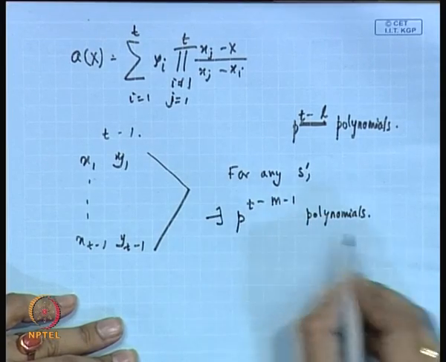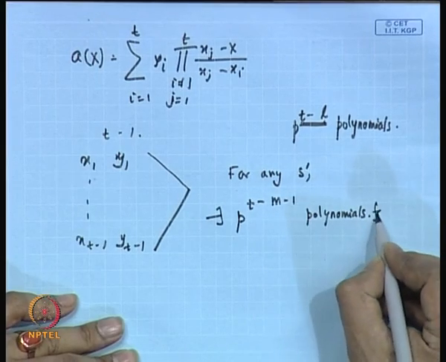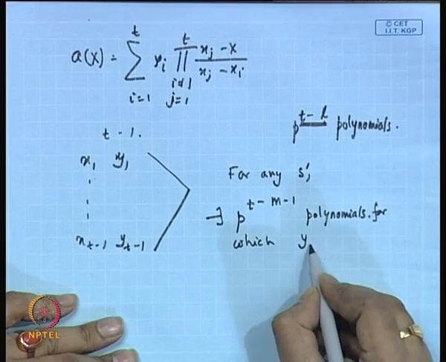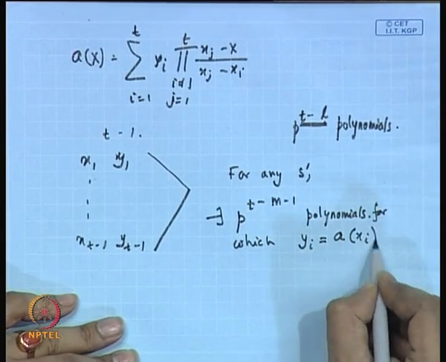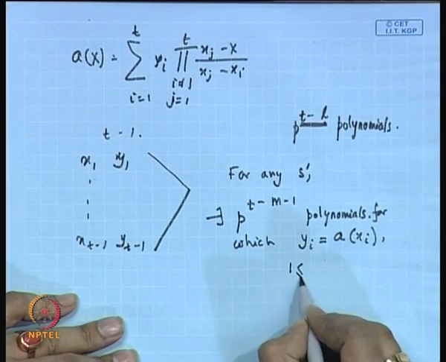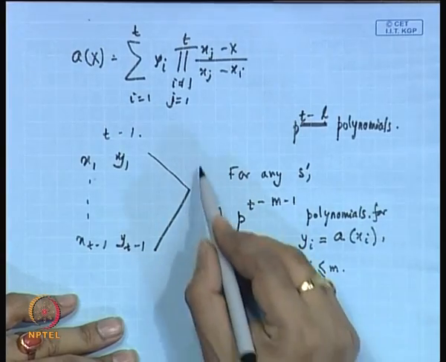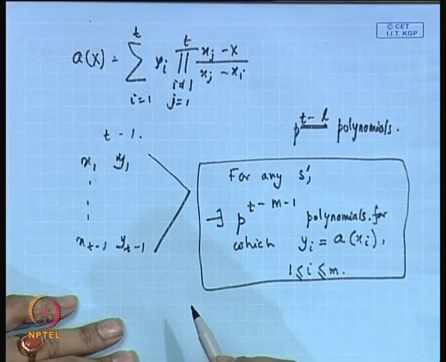There exist p to the power of t minus m minus 1 polynomials for which y i is equal to a of the polynomial, applying x i, for all i varying from 1 to m. Right.